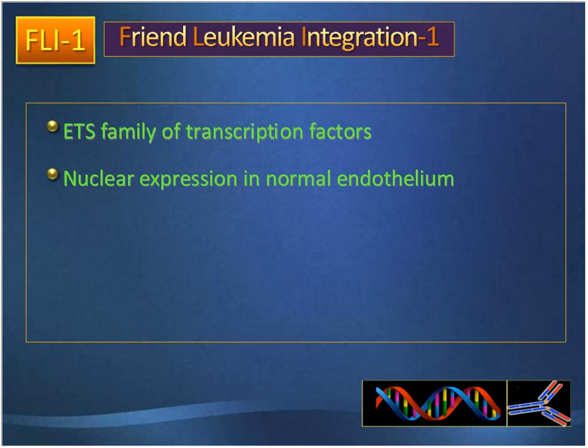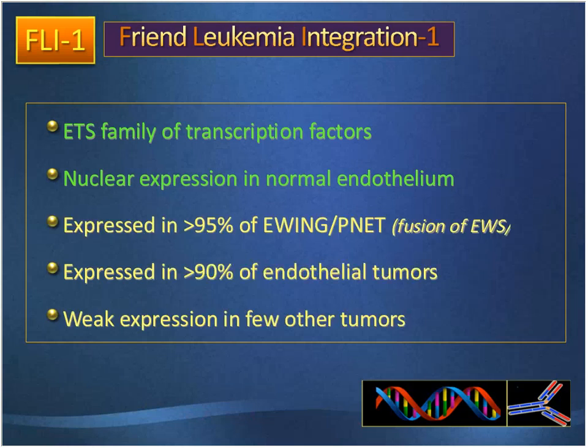It's an ETS family transcription factor, with nuclear expression in normal endothelium as your control, expressed in more than 95% of Ewing sarcomas and PNET by fusion, of course, the EWS and FLI1. It is also expressed in a great majority of endothelial tumors. And there is a weak expression in a few other tumors.